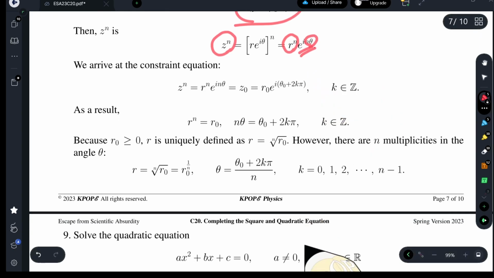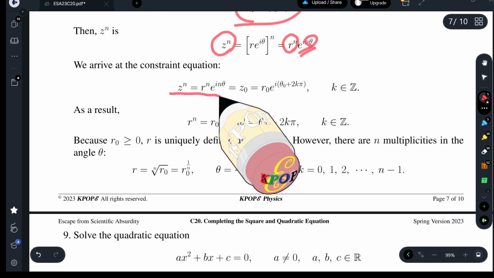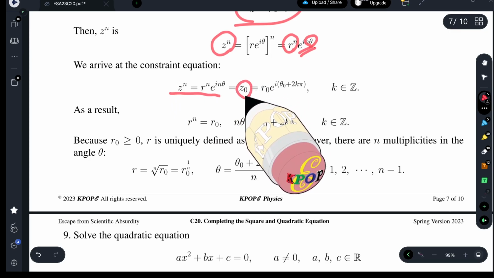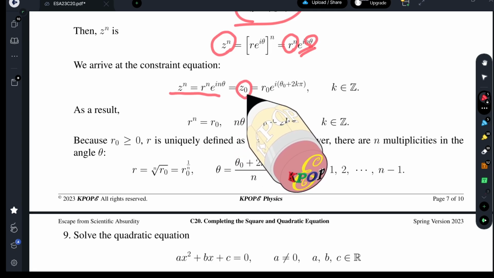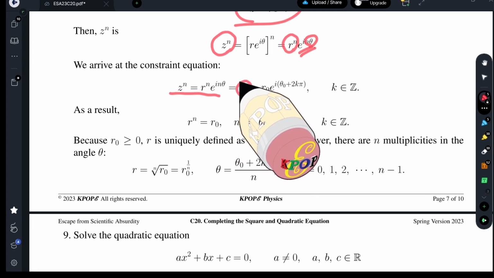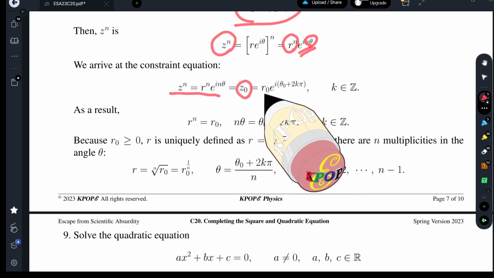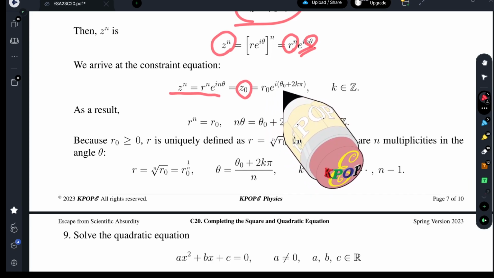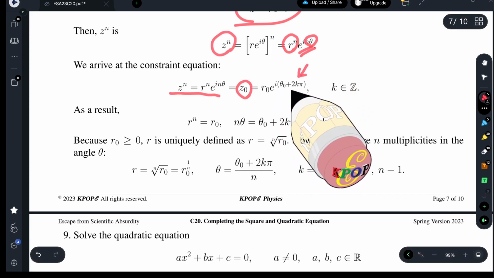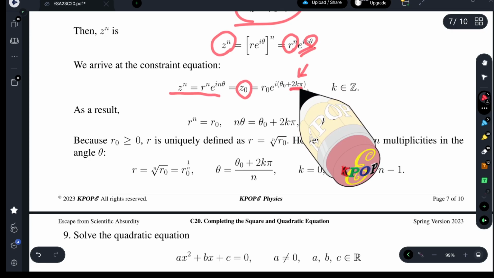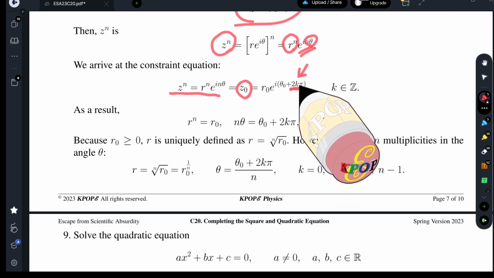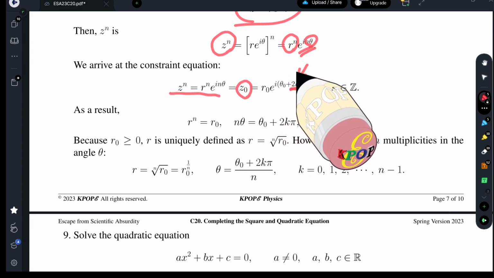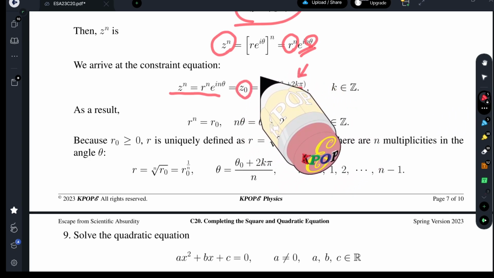By the way, we are looking for the solution of this equation, and the polar coordinate representation of a constant complex number is r0 exponential i theta 0. We have to add this 2 pi k to include the most general case, because it doesn't change anything about z0.